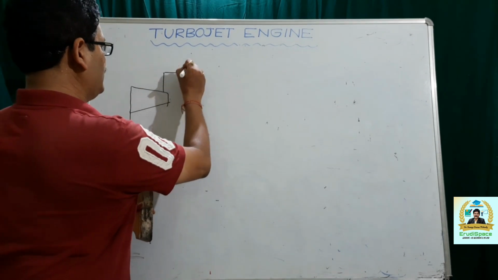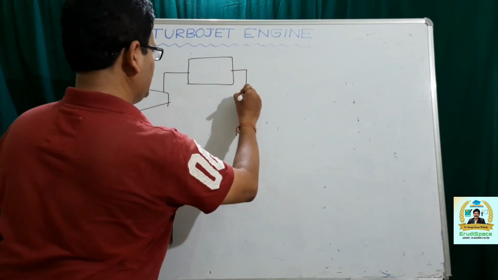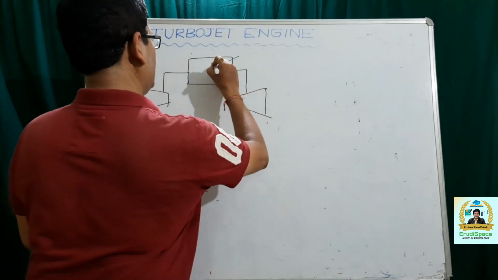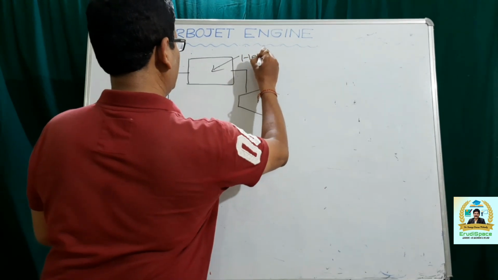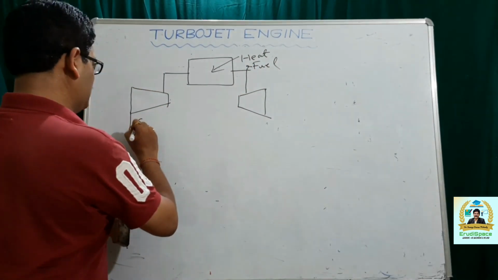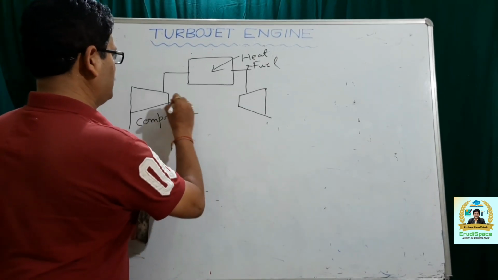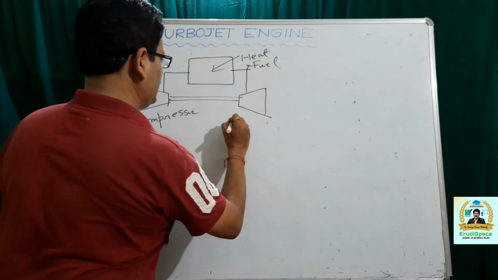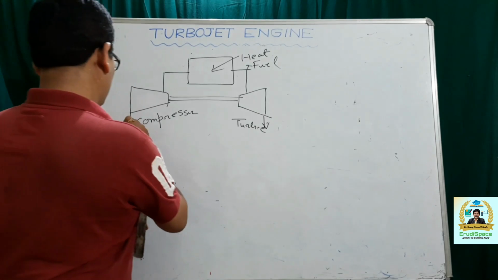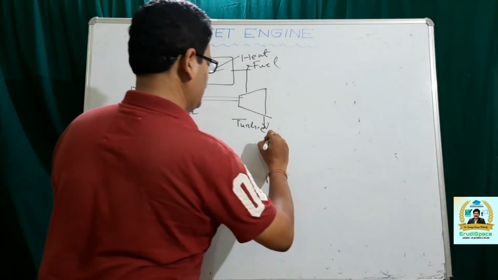Then you have the combustion chamber, and then you have the turbine. In the combustion chamber, heat and fuel are added. This one is your compressor, and this one is your turbine. Air comes in and gas goes out.